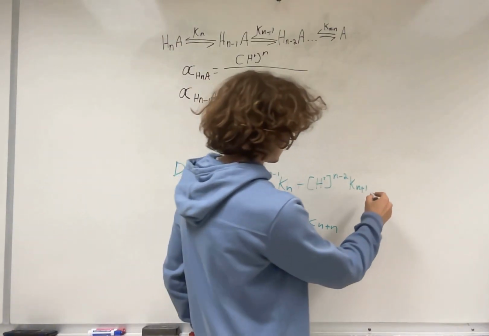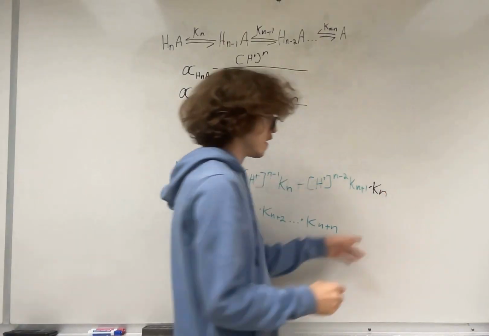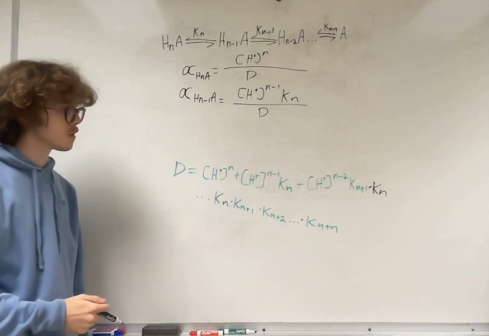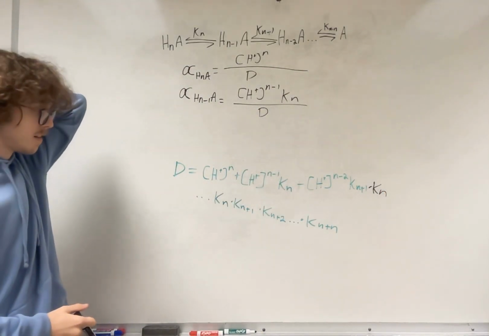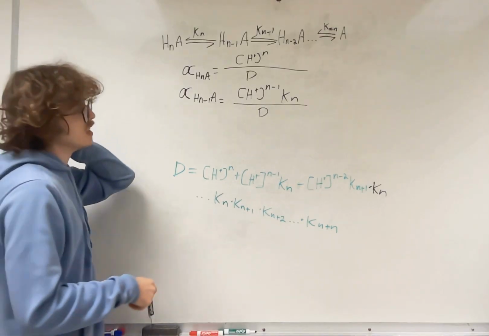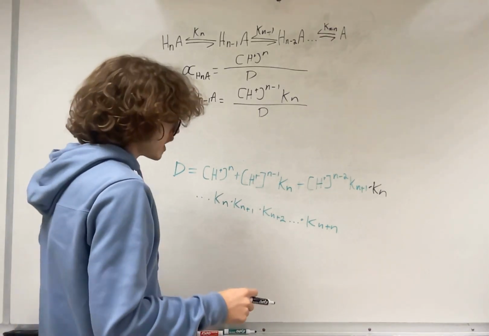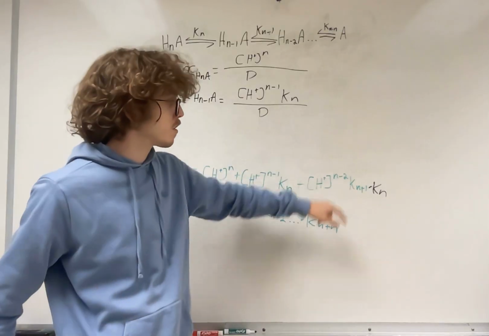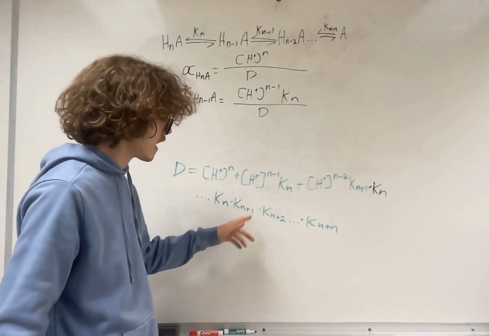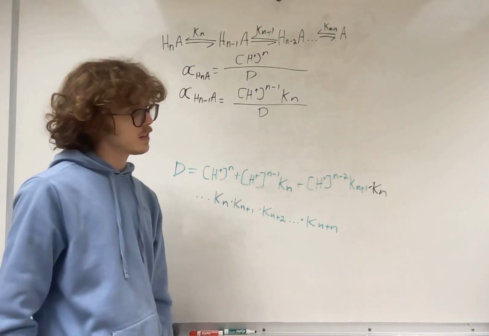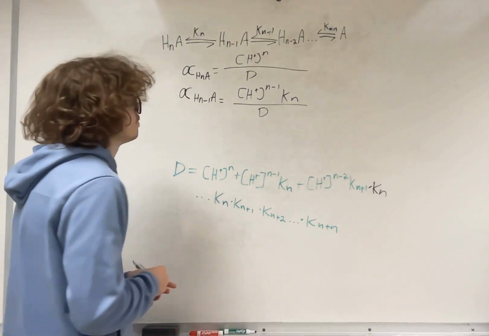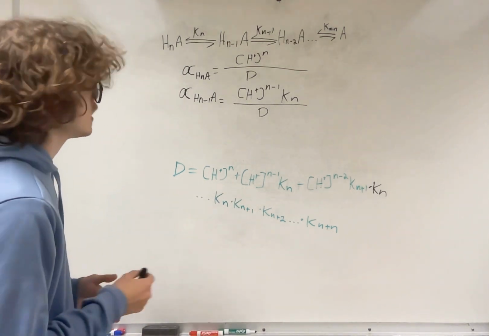Oh, sorry, I made a mistake here. This should be Kn multiplied by Kn there as well. Kn never goes away, unfortunately. And we keep going until we get no more nth degree H+'s, and it's just Kn+1, Kn+2 ... times Kn+n.